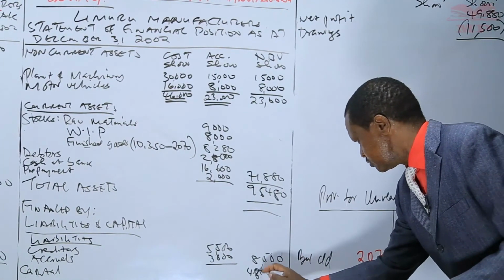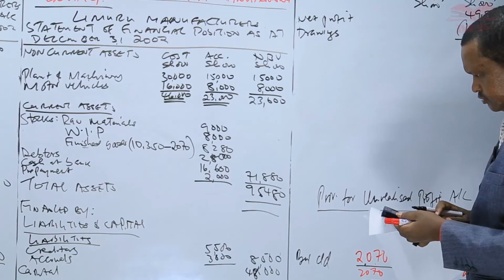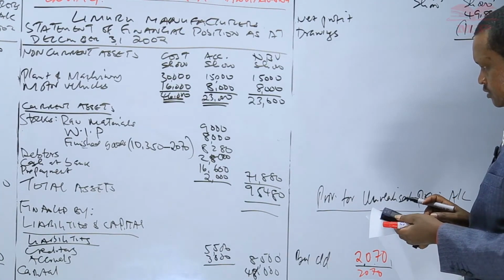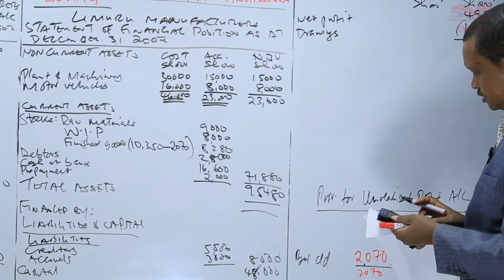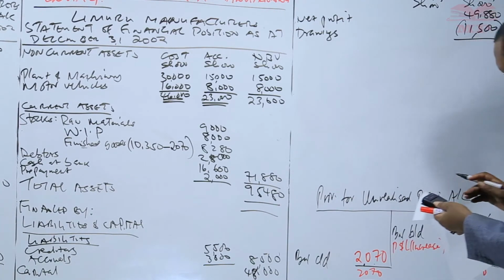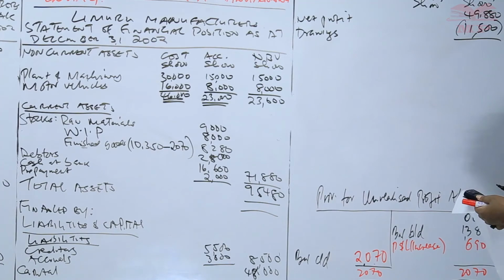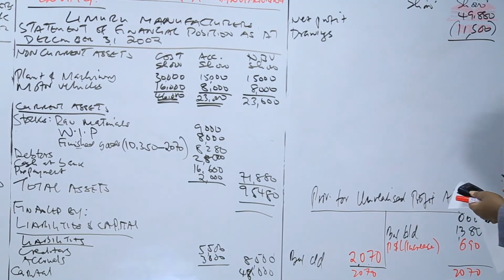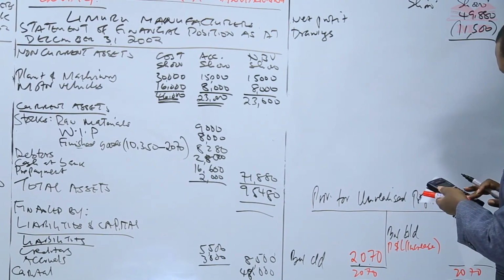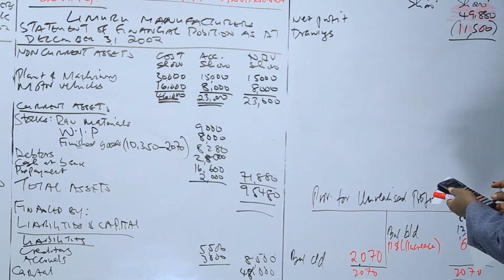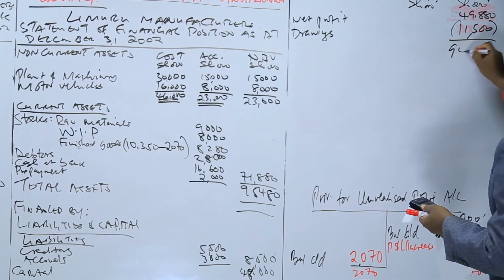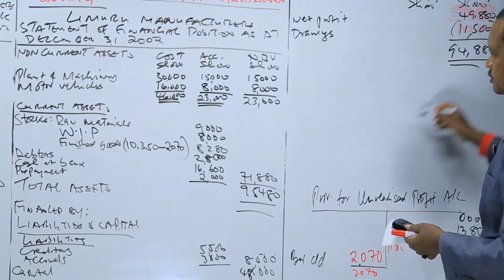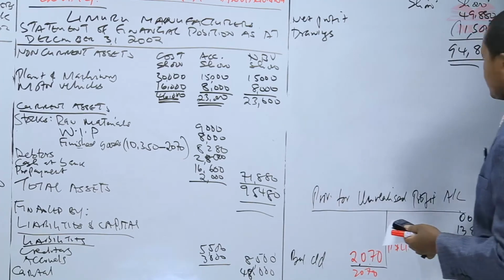So we can now add liabilities and capital, starting from the current liabilities of 8,500,000 plus the capital, 48 million. Then we add net profit 49,880. Then we deduct the drawings 11,500, which is equal to 94,880.